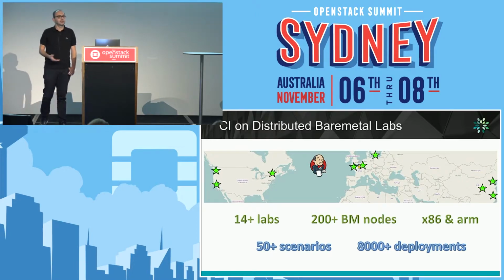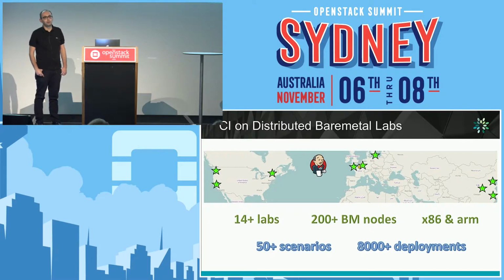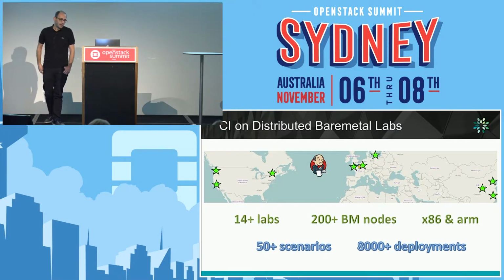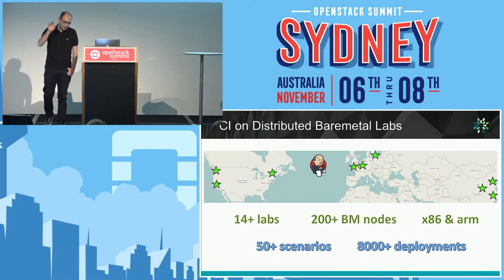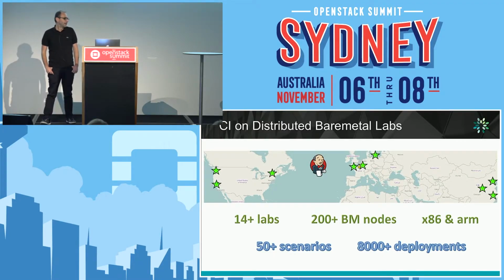So all these companies donate machines to us, and we have to use them in the right way. We have been able to do that, but obviously this doesn't scale anymore. One of our bottlenecks is how to manage and properly use our hardware infrastructure, and we are thinking of solving this problem with Zuul V3 in the future.